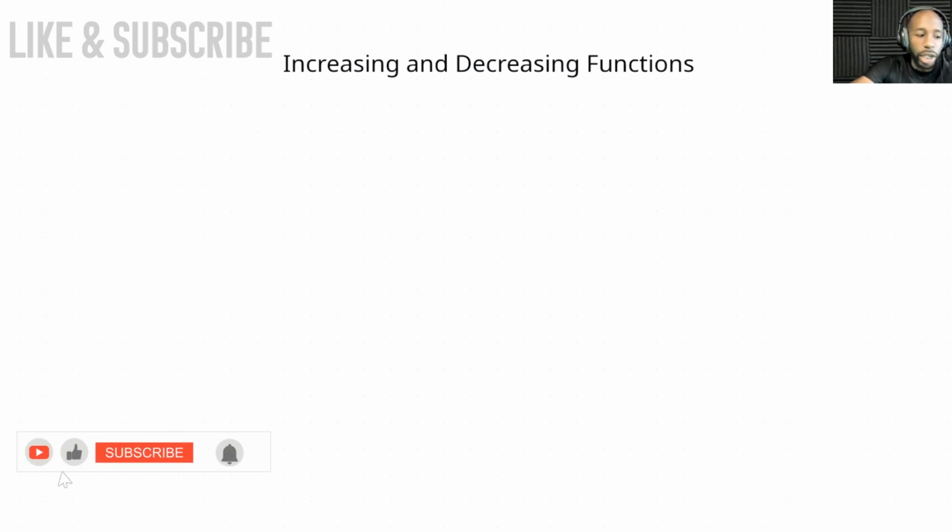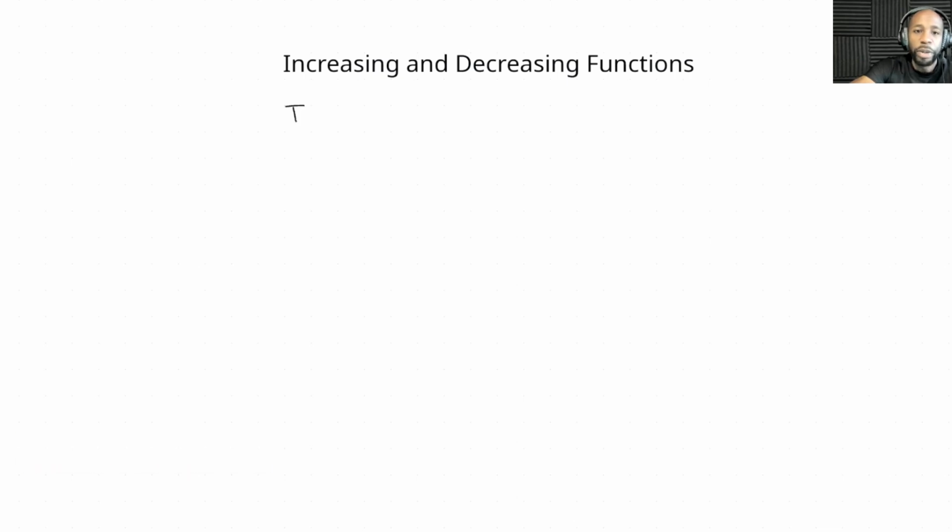All right. So here is the test to determine if a function is increasing or decreasing. Two things. If the first derivative, f prime of x, is greater than zero, then the function is increasing.